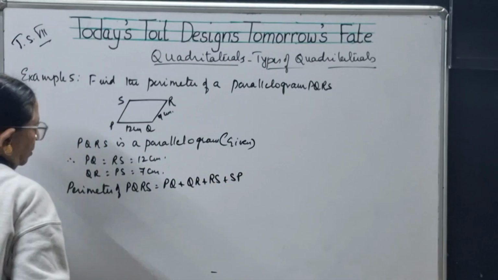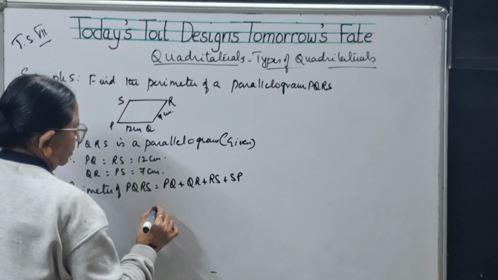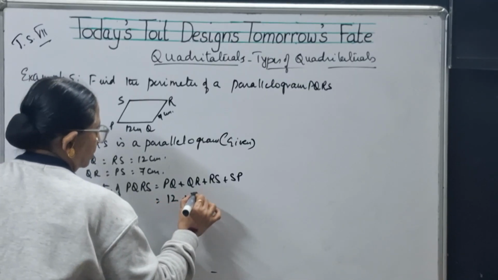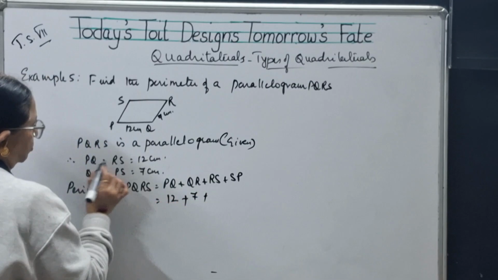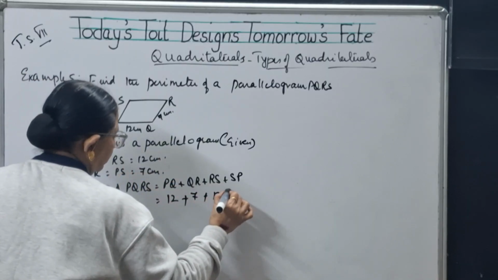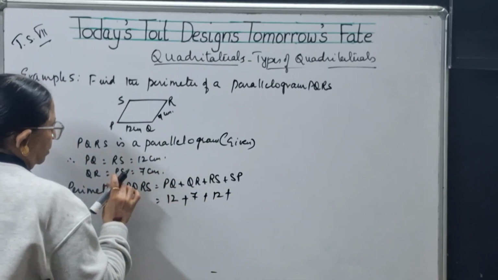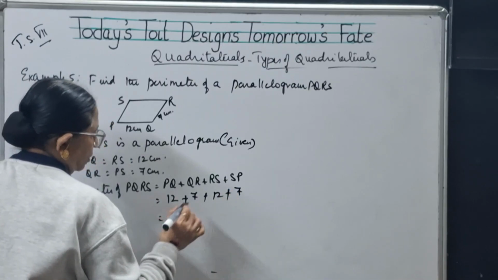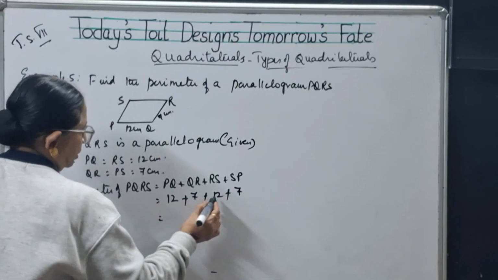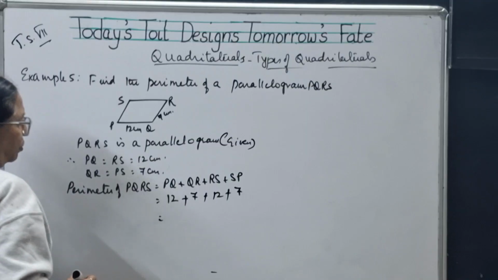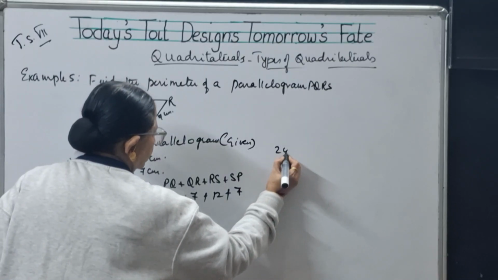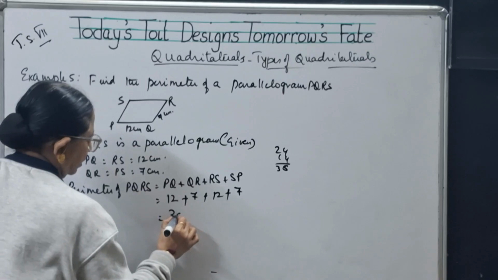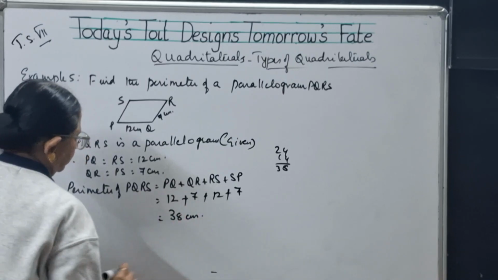Perimeter means the sum of all the sides. PQ is 12, QR is 7, RS, since PQ is equal to RS, is 12, plus SP or PS, which is the same, 7. So how much are you getting? 12 and 12, 24, plus 14, that is 38 centimeters.